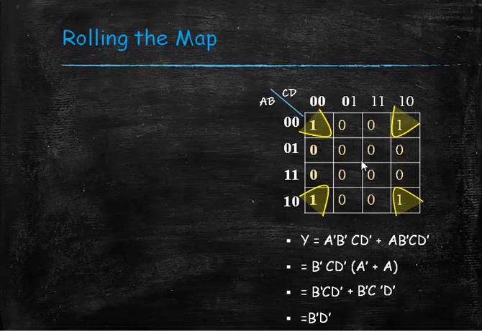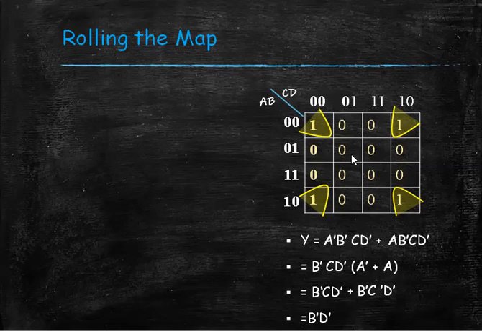Okay, to prove it in a different order, we make these two ones as a pair and these two ones as a pair. That is, we roll the map first left to right, and then top to bottom.